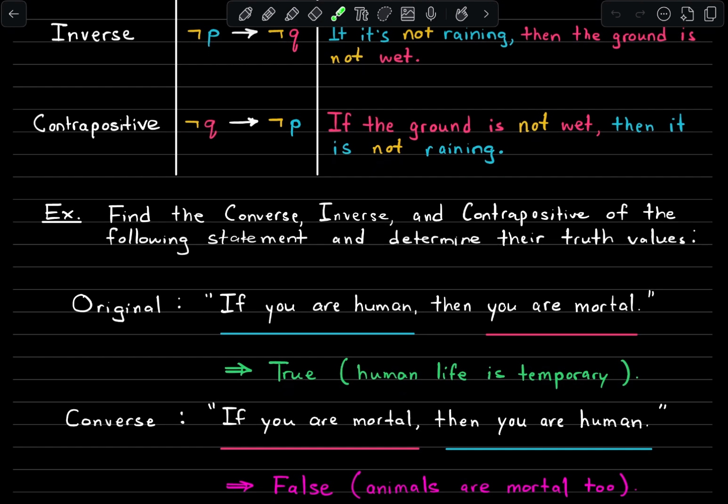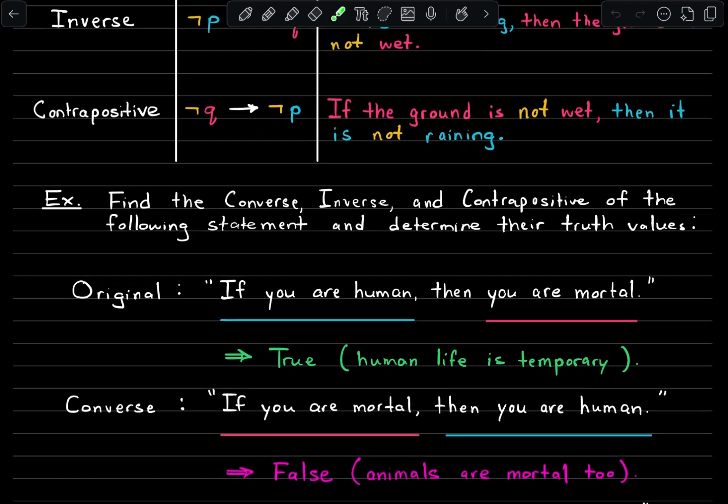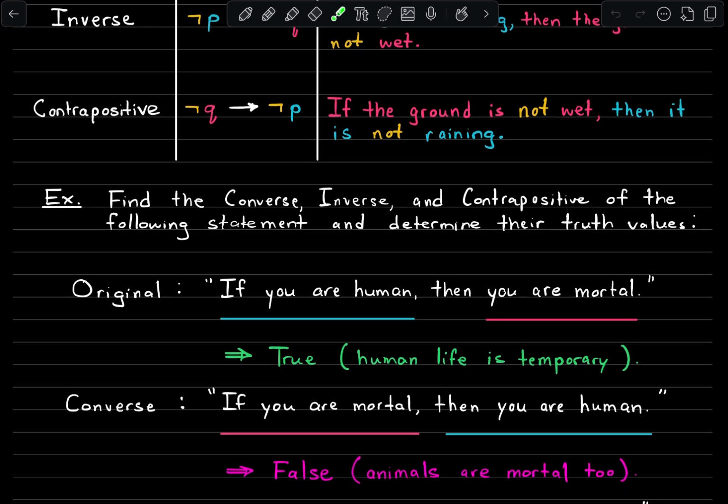No, not anymore, right? You don't have to be a human to be mortal, right? If you're mortal, you can also be an animal, right? Or an alien potentially, or something like that, right? So it is false that mortality implies humanity.